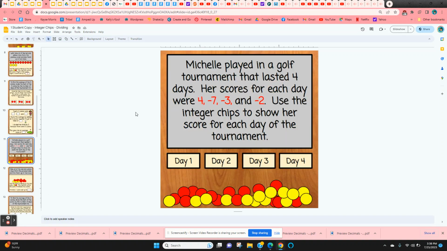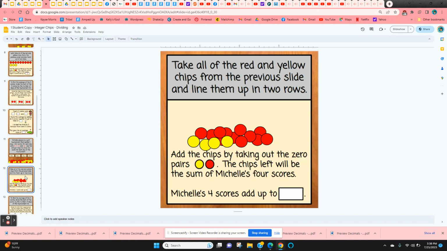We've got one more example here. This is Michelle in a golf tournament that lasted 4 days. So students are going to move the chips to show the 4 scores that she got. On slide 12, she's going to line up all the chips. Okay, so you've got to move these kind of close together because there were 12 negatives from the previous slide and 4 positives.